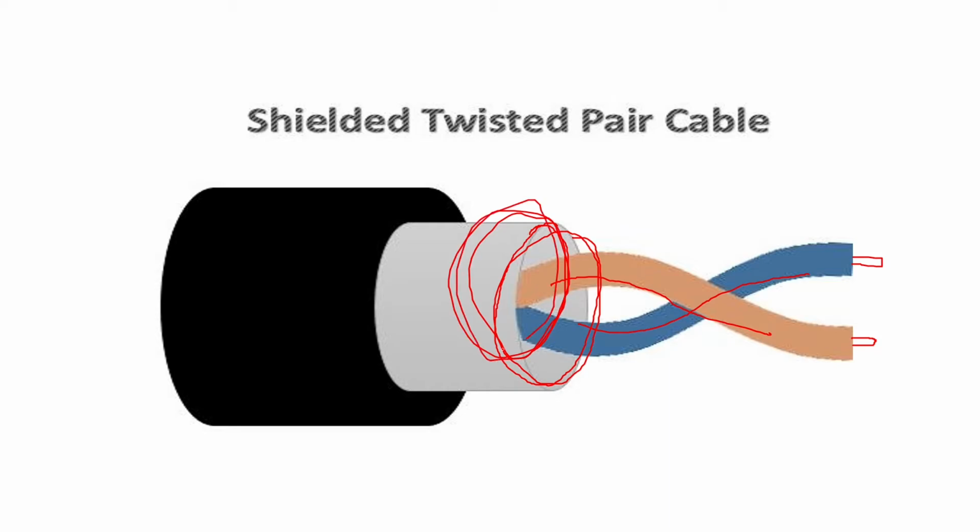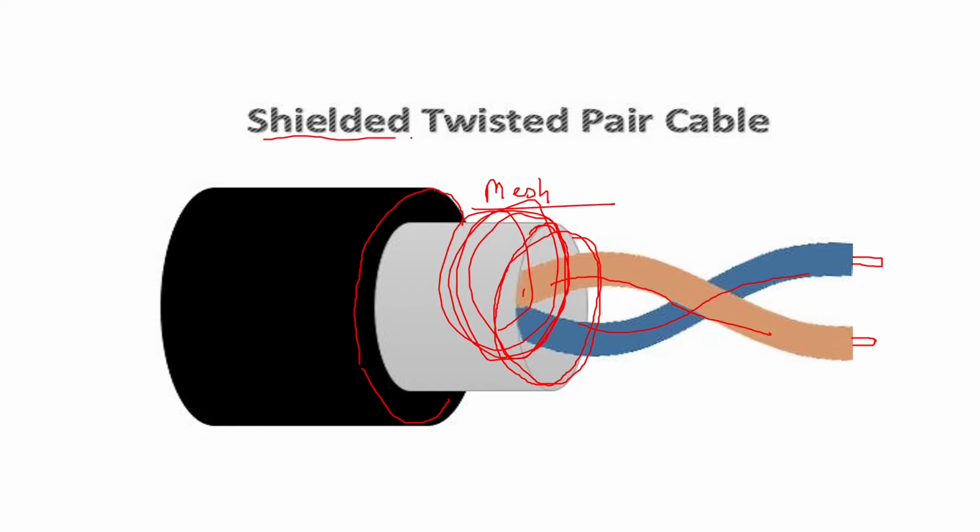This mesh protects the wires from electromagnetic interference, any outside interference. Upon that, the normal plastic cover, the PVC cover, will be there, which acts as an insulator.